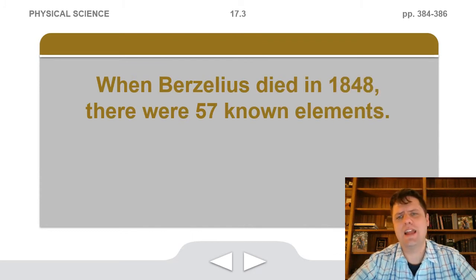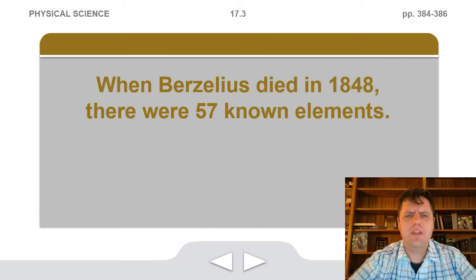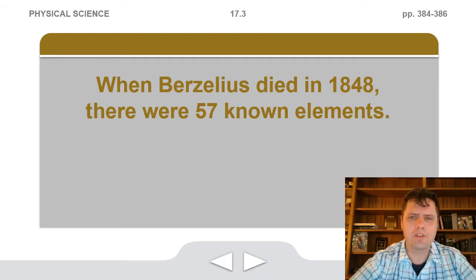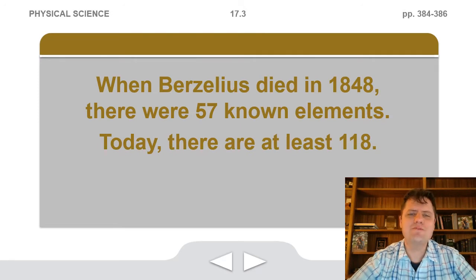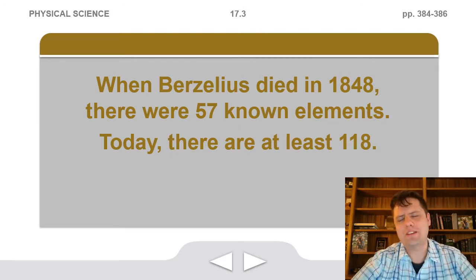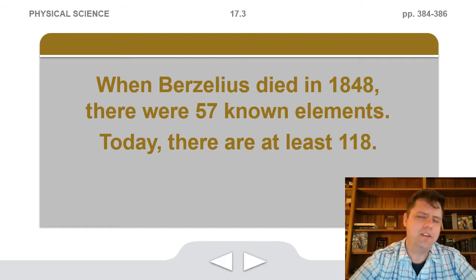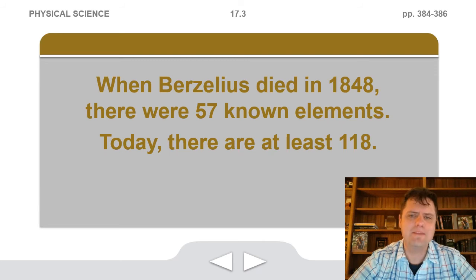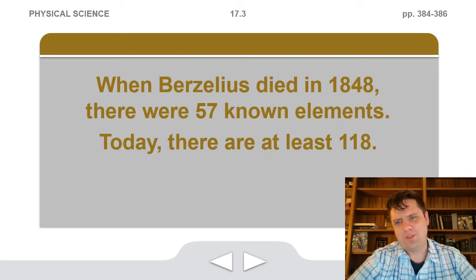When Berzelius died in 1848, there were 57 known elements. So we see more and more discovery of elements happening over these years. Today, we know that there are at least 118. Now, a few of the very top ones haven't been officially named yet, so they're given names like ununoctium or ununpentium, but otherwise, a lot of those are being named and discovered.